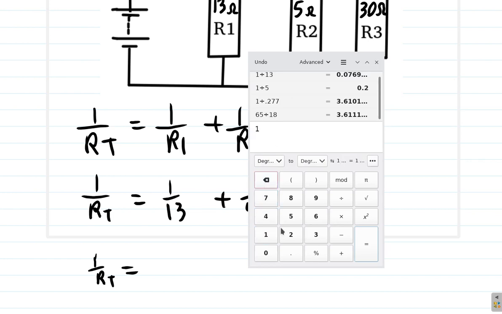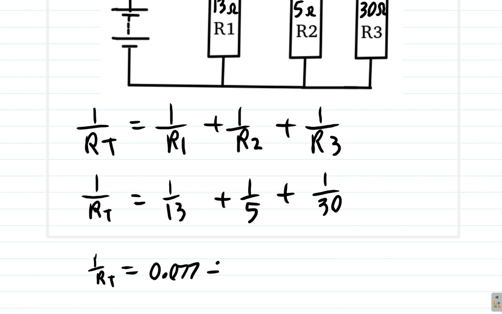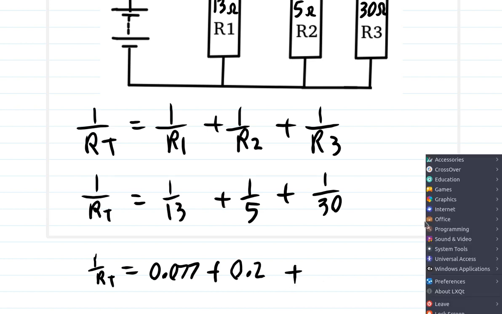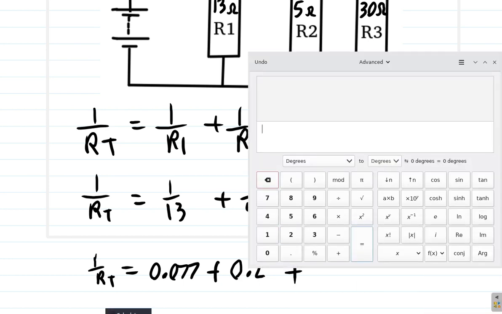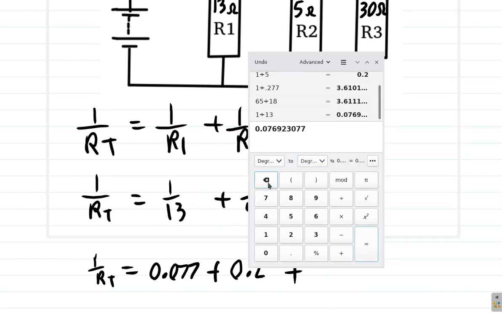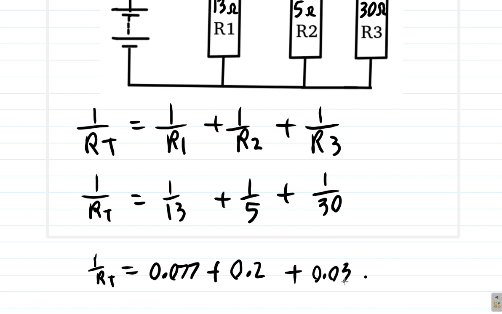So 1 divided by 13, that's 0.077, plus 1 divided by 5 is 0.2, plus, and then 1 divided by 30 is equal to 0.033.